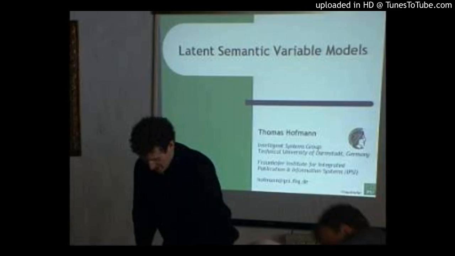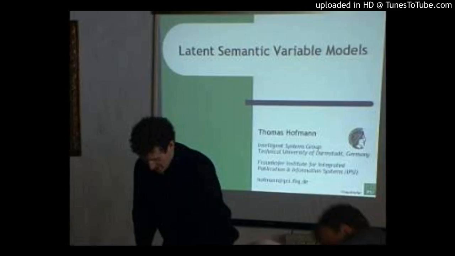The singular value decomposition has nice properties. In particular, suppose we want to approximate the original matrix, say the term-document matrix, by a low-rank approximation, and we specify some norm, say the Frobenius norm, which means we look at the difference between the original matrix and the approximation and take the sum of squares of the entries of that difference matrix, and we minimize that.